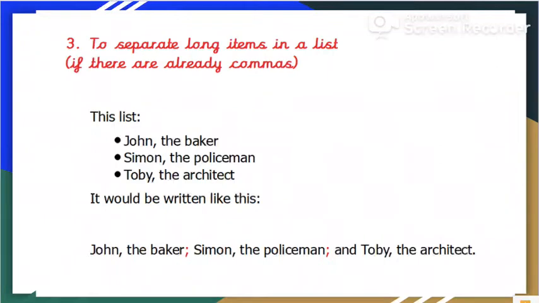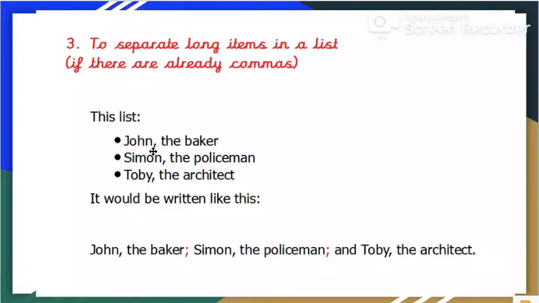Another example of when I would use a semicolon is to separate long items in a list if I'm already using commas. So, for example, we've got a list here. Not only am I listing the names of people, but I also want to give you information about who they are. So in a bullet point, it would look like this: John, comma, the baker. So I know that John is a baker.